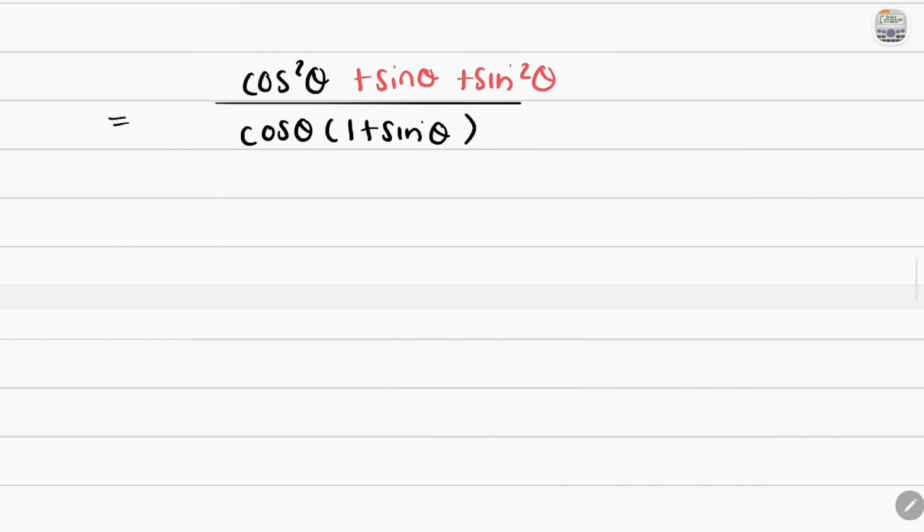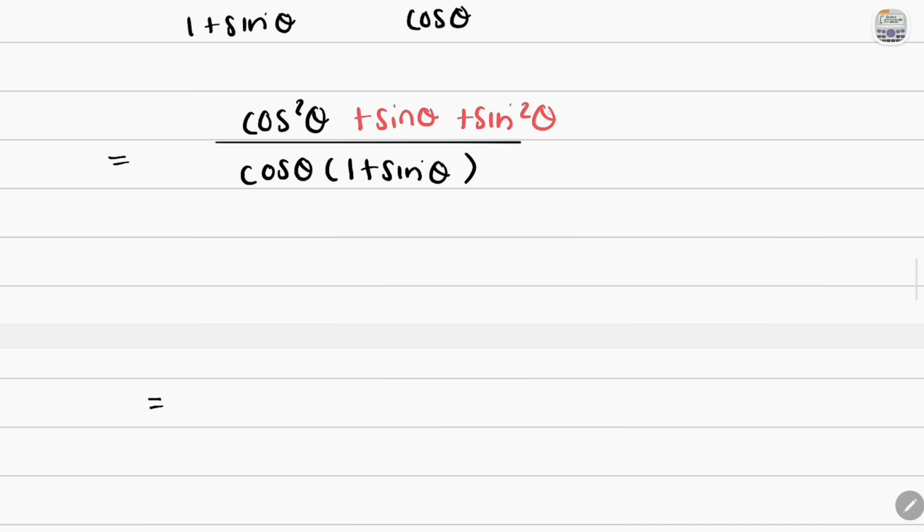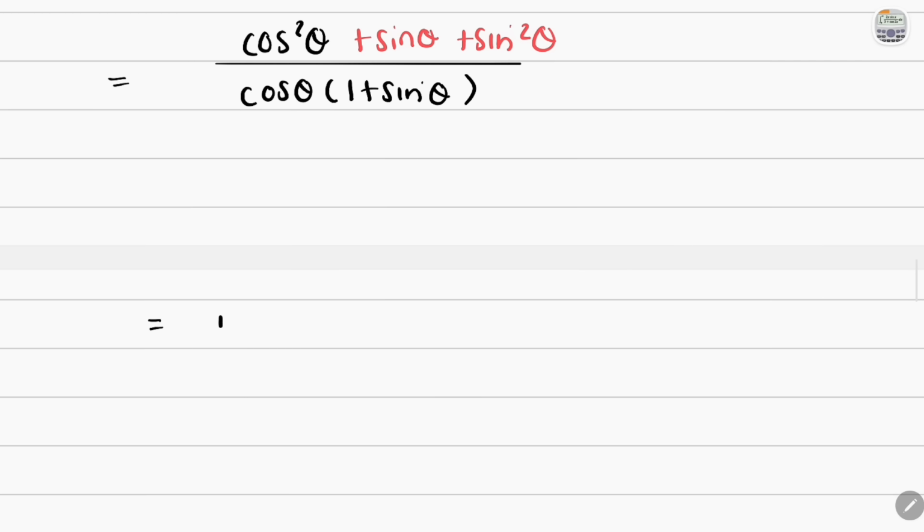And we can already see how this is going to simplify. Do you see how in the numerator you have a sine squared theta plus cos squared theta? That is the identity for 1. So that becomes a 1. Then you still have sine theta, and this goes all over cos theta multiplied by 1 plus sine theta.